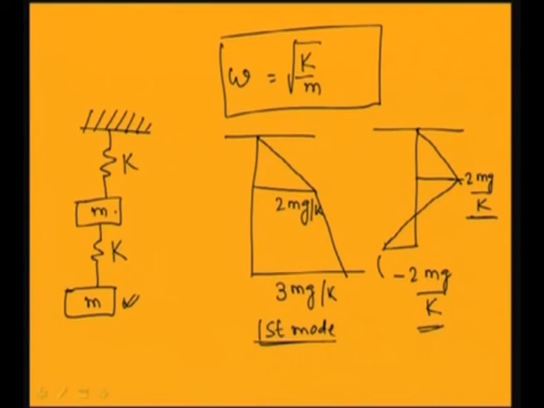By choosing it in this way, I can write the kinetic energy and the potential energy of the system. T max, the maximum kinetic energy, will be equal to half m1 x1 dot square plus half m2 x2 dot square. The maximum velocity will be equal to a omega, so for the first mass the maximum velocity is a1 omega, and for the second mass it is a2 omega.